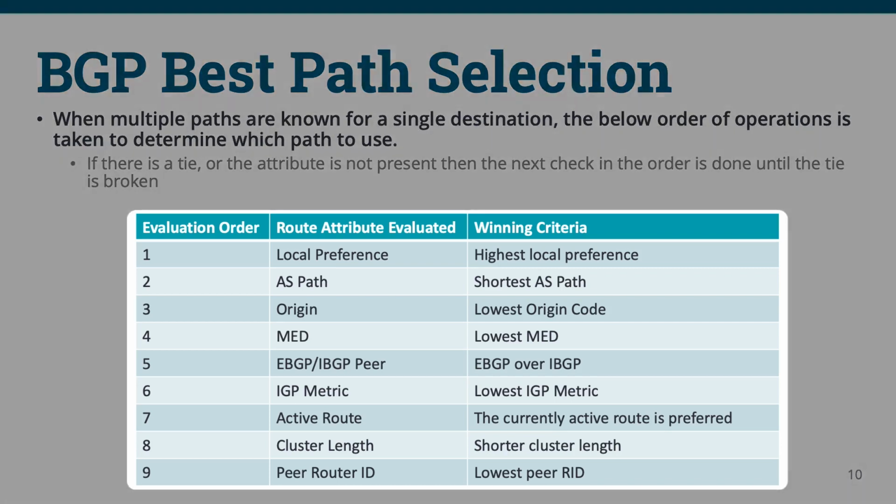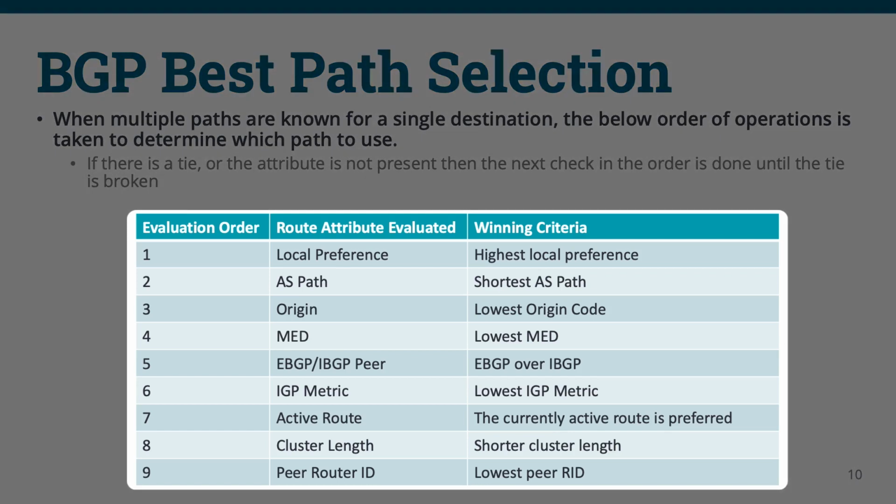This table here shows the evaluation order of each attribute for a route advertisement. Each item is evaluated in order until a winner is determined. Once a winner is determined, the evaluation stops and no further attributes are evaluated. We have on the right the criteria for each attribute used for determining a winner.